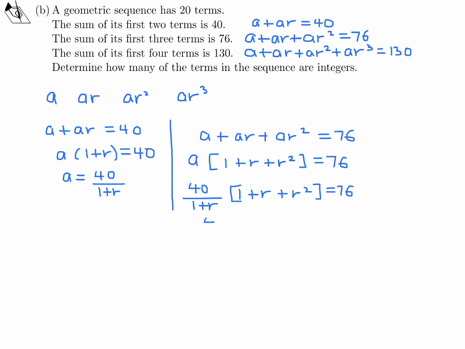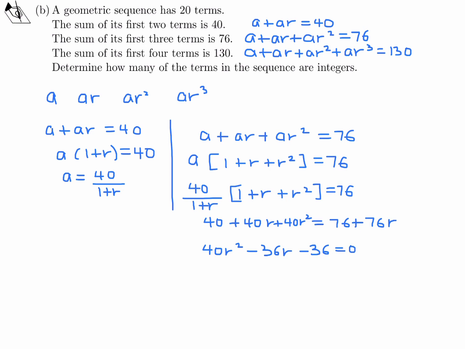Cross multiply and then expand, you get 40 plus 40r plus 40r squared is equal to 76 plus 76r. Now let's collect like terms. If I do, I get 40r squared minus 36r minus 36 is equal to 0.